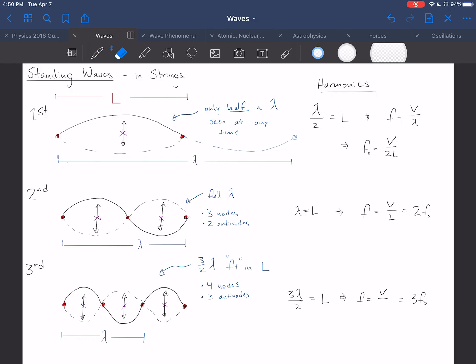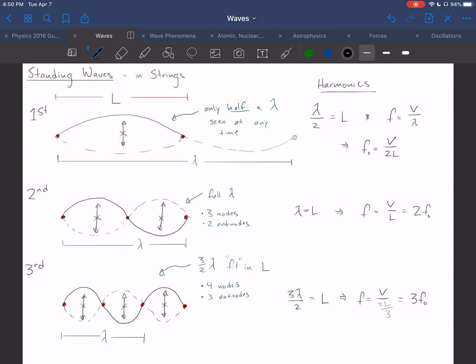So this should be 2L over 3. As a result, that formula is then equal to 3 times F naught, or 3 times the fundamental frequency. Notice a pattern here? Well, we'll see if that pattern continues.